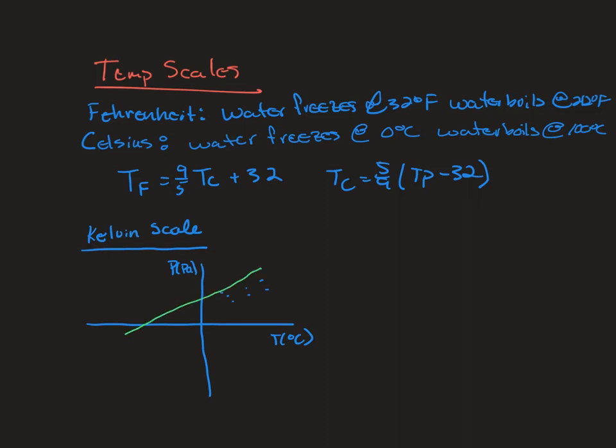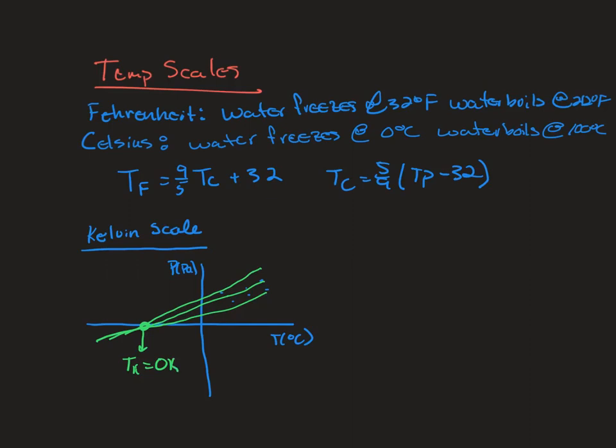And they found that no matter what the trend of the gas was, it always crossed the x-axis at about the same point. And remember, the x-axis is the temperature. So when pressure is 0, the x-axis was about the same, and they define that as 0 Kelvin.